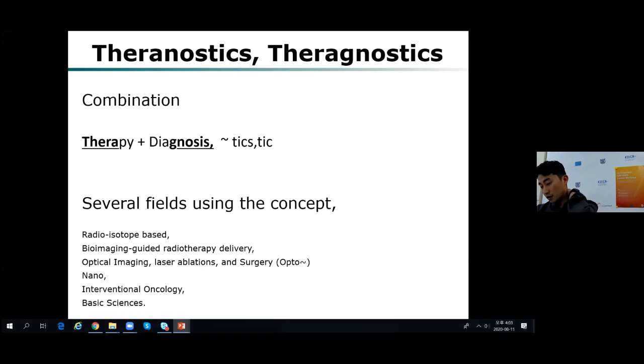Another application is optical imaging, laser ablation and surgery.